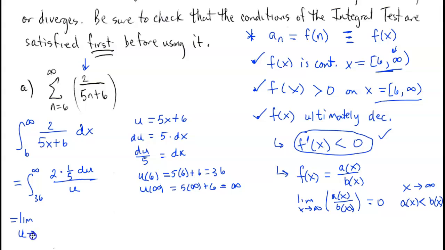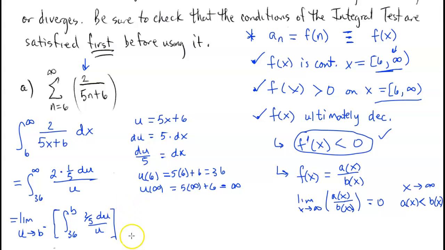So as u approaches b, and we're going to say it's approaching it from the left, and then here we're going to do the integral from 36 to b, 2/5 du over u.